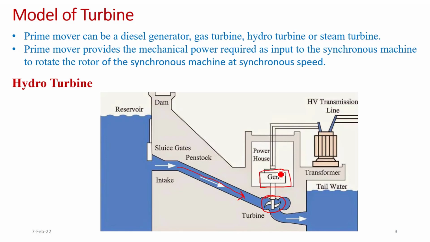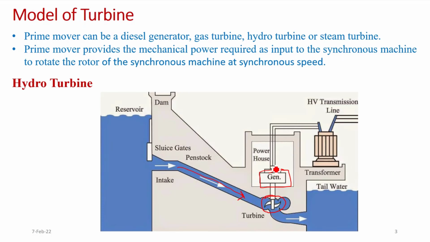Generally, the hydro generators are vertical in nature, installed vertically because of the way the turbines run. The water will then be passed to the tail race, where it again passes into the river and goes for agricultural purposes.